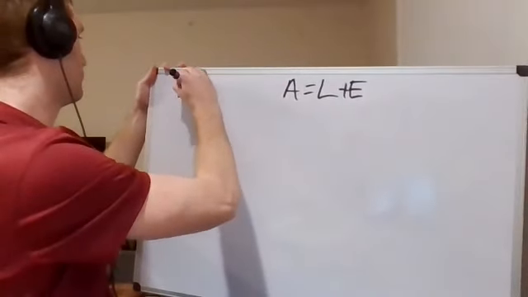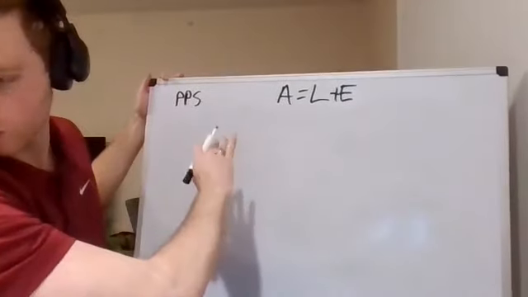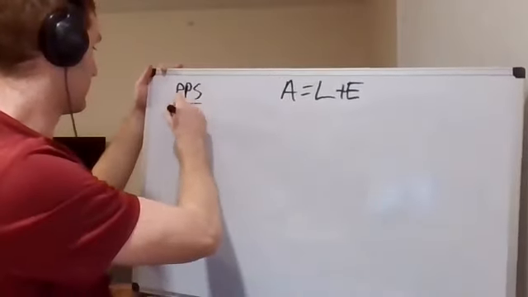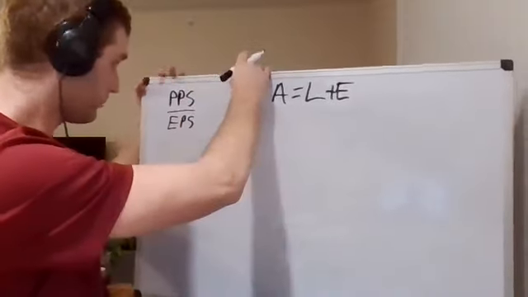So we go back into our book and find the price to earnings ratio, which is price per share divided by earnings per share, right?